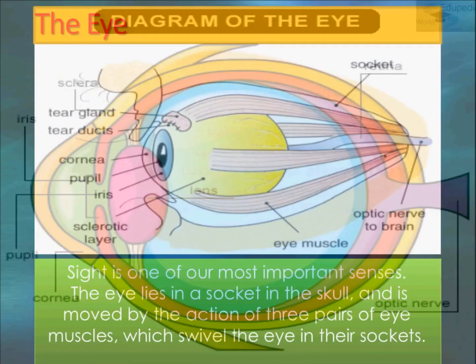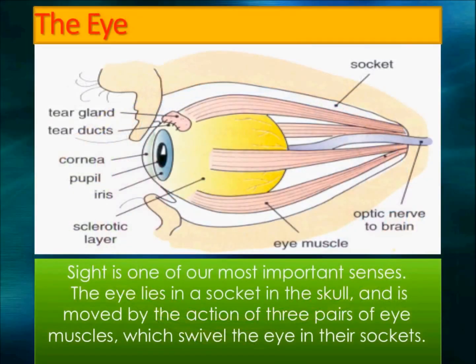Now let's see its construction in detail. As I have told you, the adult human eyeball is nearly spherical in structure, and the wall of the eyeball is composed of 3 layers. First, the external layer is your sclera, which I have taught you.